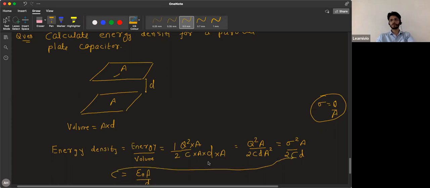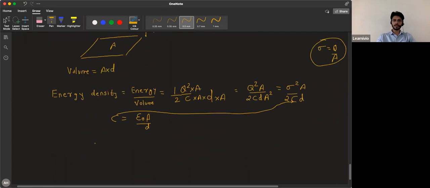So this is C. We can say that energy density U is sigma square A by 2 into C. Instead of C, you can write epsilon naught A by D, into D. D will cancel this D and A will cancel this A, and you are left with sigma square by 2 epsilon naught.